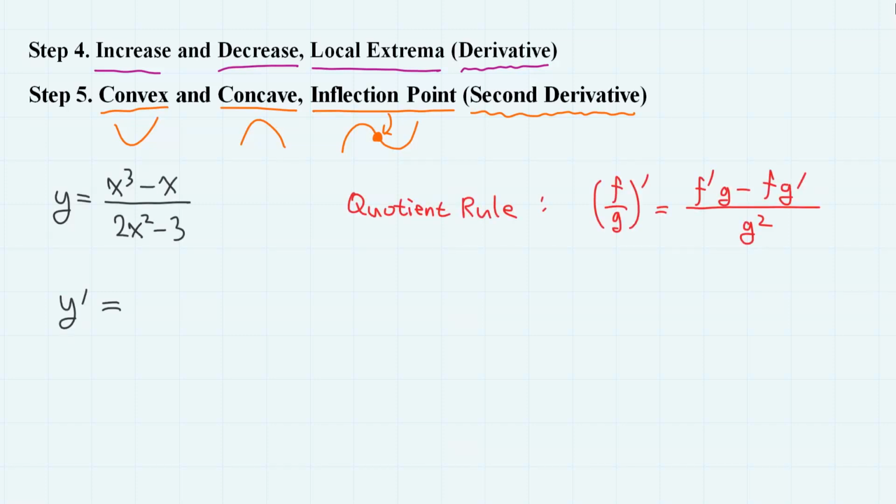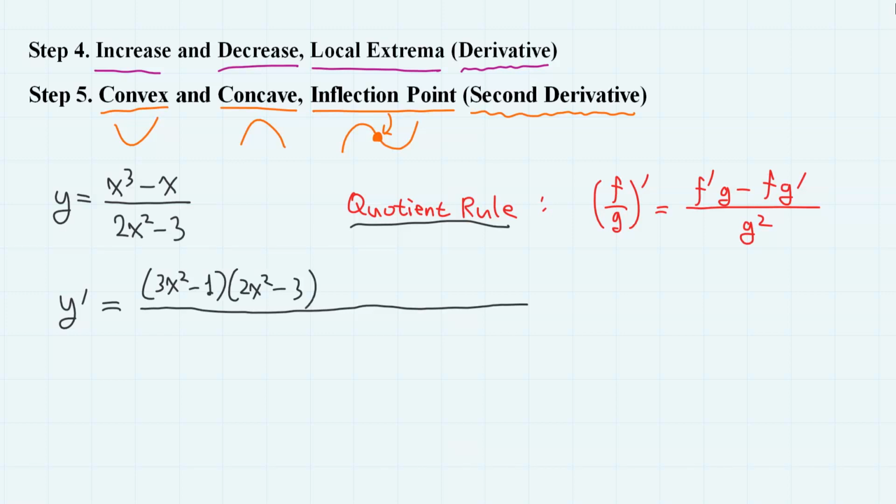So first, the derivative. Using the quotient rule, we have the derivative of the numerator, 3x squared minus 1, times the whole denominator, 2x squared minus 3, minus the whole numerator, x cubed minus x, times the derivative of the denominator, 4x, divided by the denominator squared, (2x squared minus 3) squared.